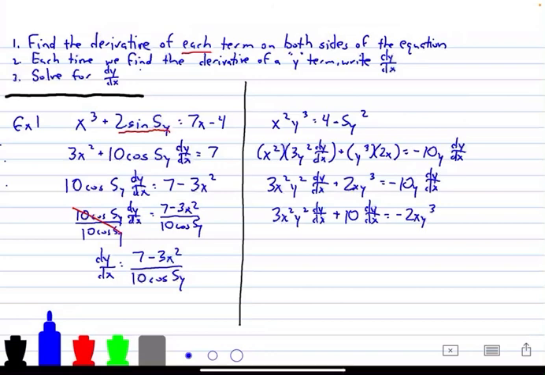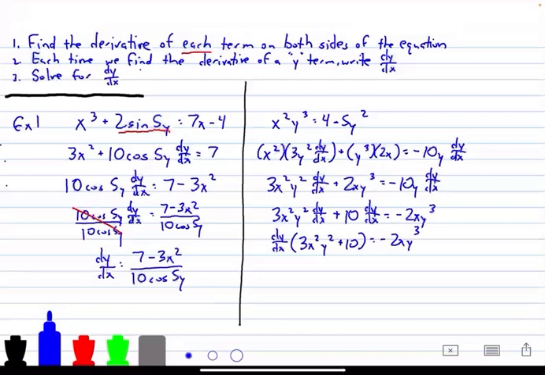Now, in this case, we need to factor out the dy over dx. Remember, our whole goal, we're trying to isolate it. So that's going to be 3x squared y squared plus 10 is equal to negative 2x y cubed. And in the end, we have this problem. I'm going to do this to save room.